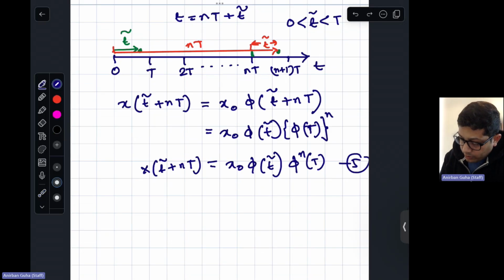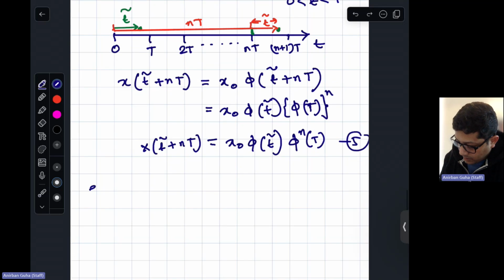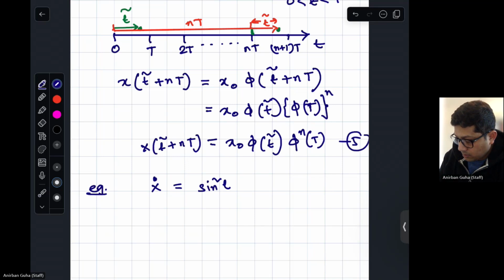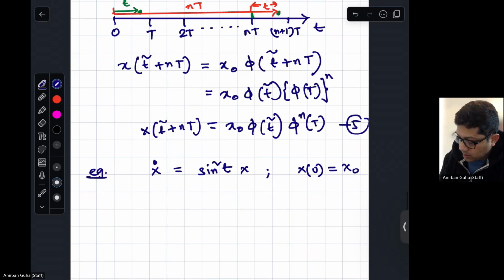So let's try to see this as an example. The example is x dot equals sine square t times x, of course with the initial condition x0, some x0.